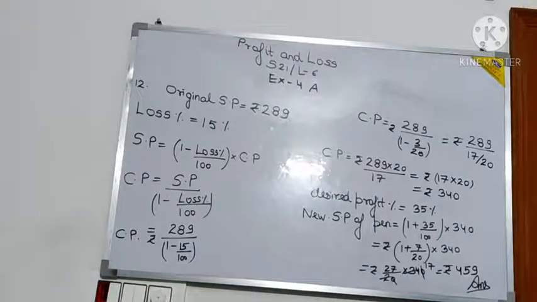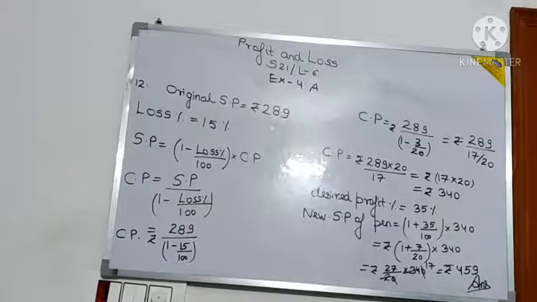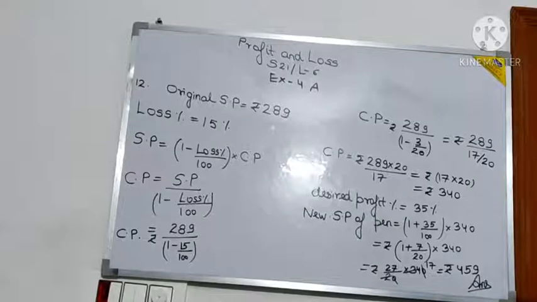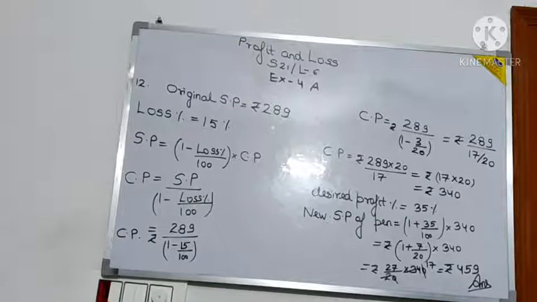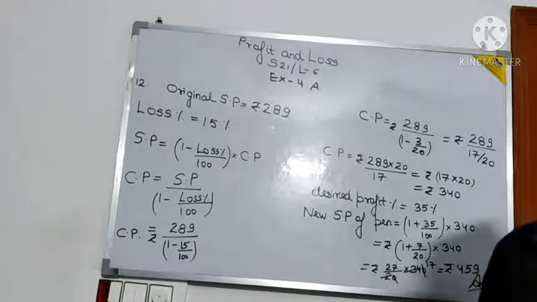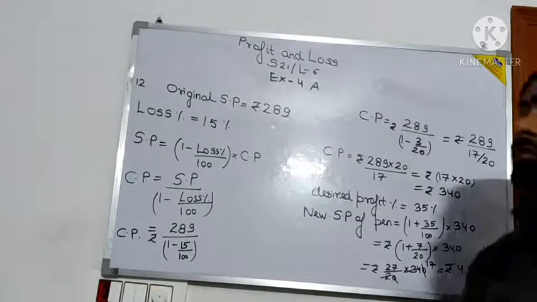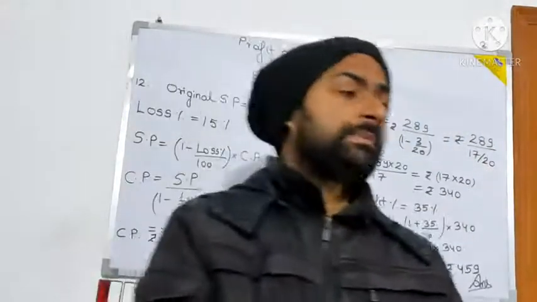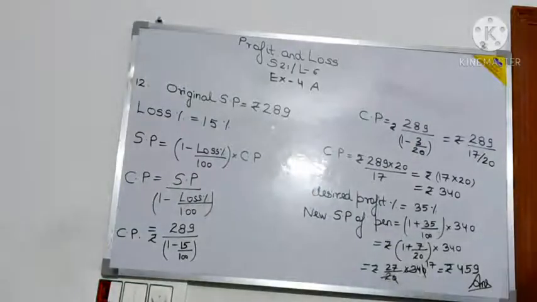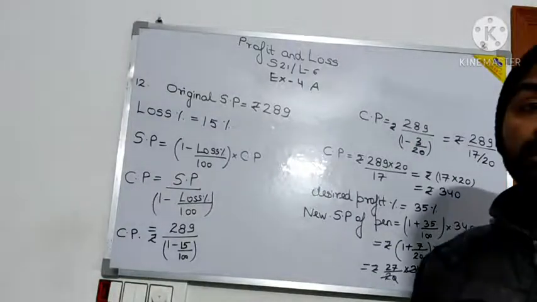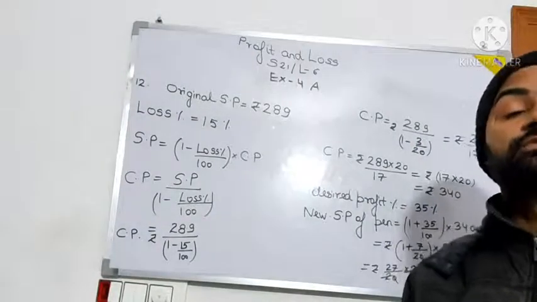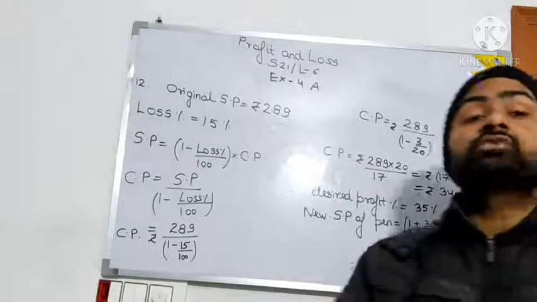So see, for the Raman question, the 14th question, Raman is selling at a loss of 20%. Had he sold it for rupees 100 more, he would have made a profit of 30%. Now in the 14th question, we will assume some SP. Let the SP be X. So with X as SP and the loss, you will get some CP. Then it says 100 rupees more you have to add, so we'll add something to the SP.